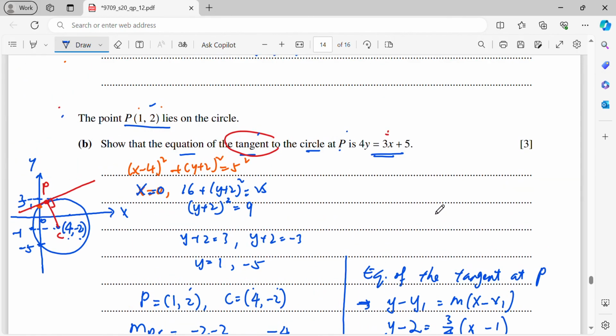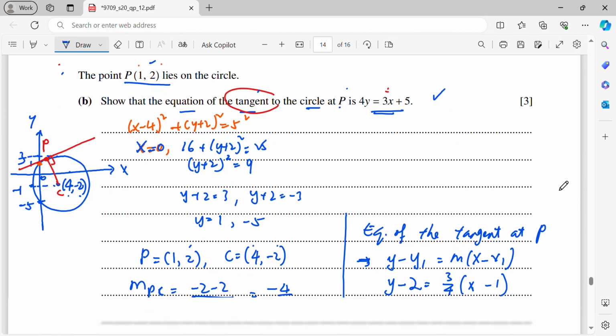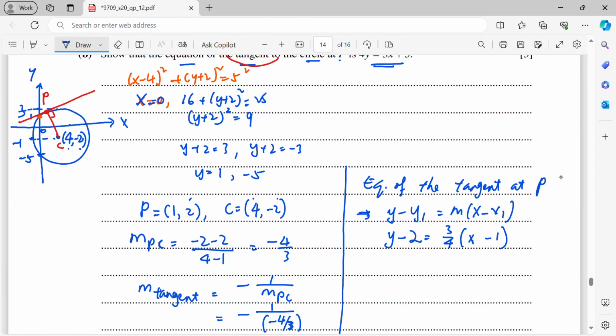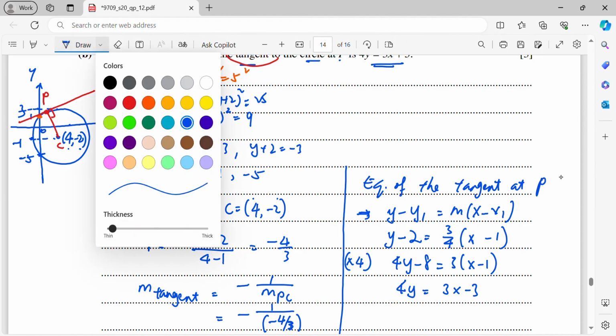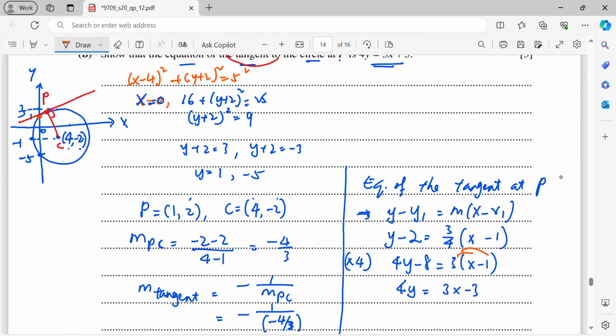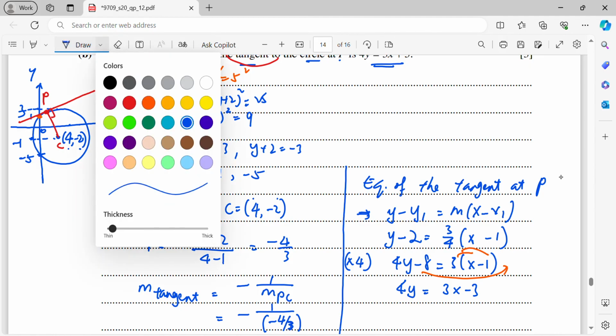Now you need to get your answer in this form: 4y equals 3x plus 5. So now I multiply 4 to the whole equation first. 4y minus 8 equals 3(x minus 1). Therefore, 4y equals 3x minus 3 when you do expansion. At the same time, the minus 8 moves to the other side, so here becomes plus 8.